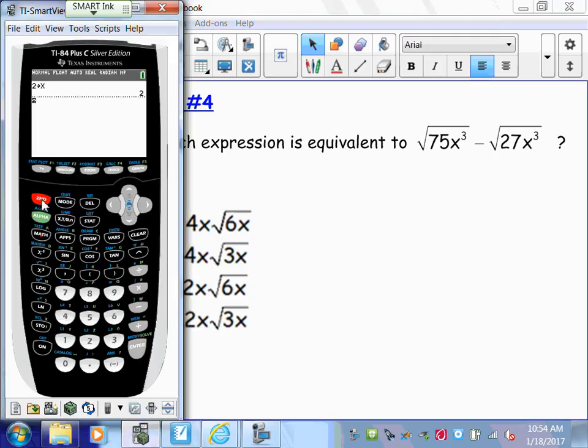If you type in square root of 27x cubed, that is the value where x equals 2. You just have to find the same value.